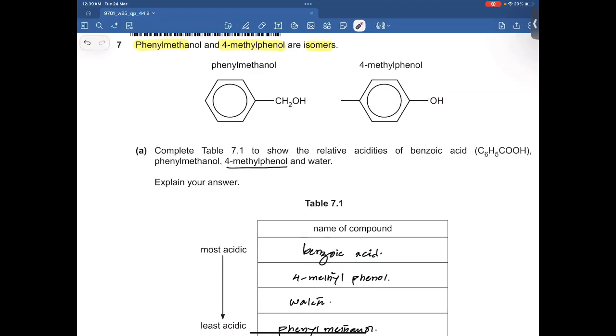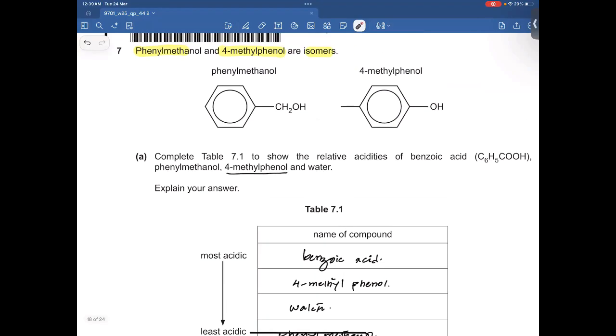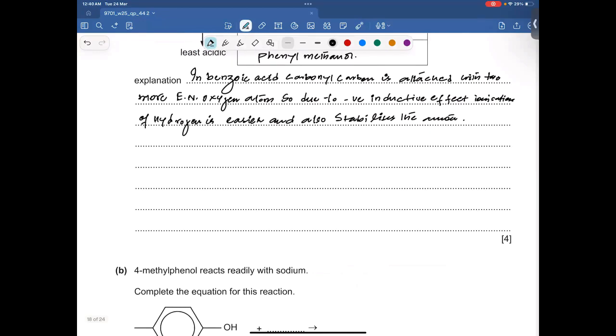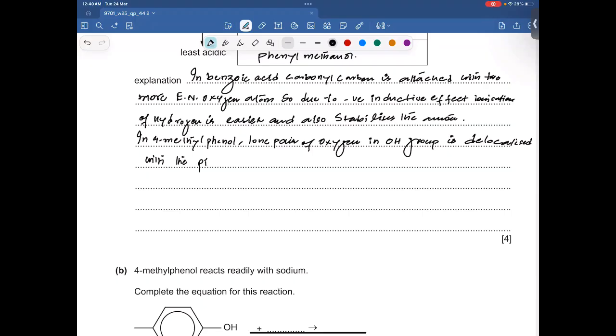So ionization of hydrogen is not easier.